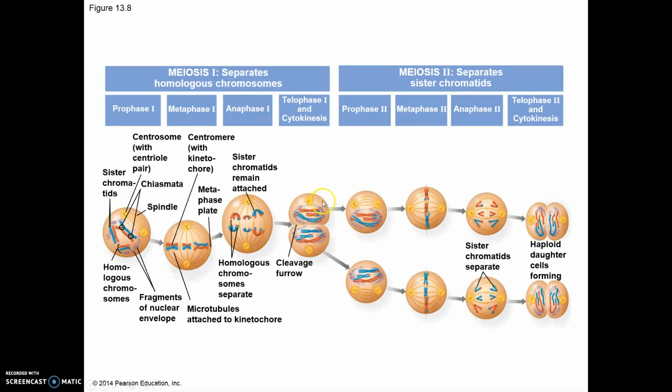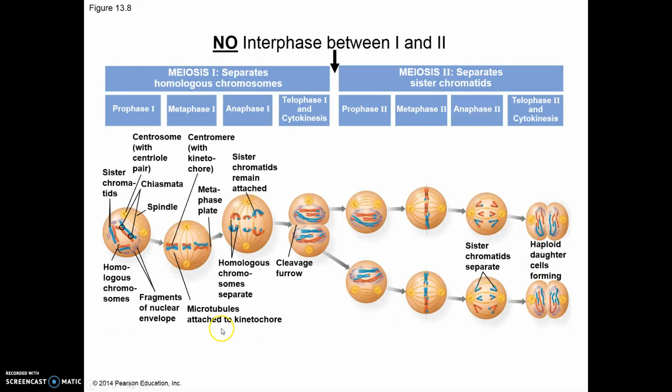We pull those apart. We then go into telophase and cytokinesis, and then without going into another interphase, so no additional DNA replication, we immediately go into prophase 2, metaphase 2, anaphase 2, and then ultimately forming all 4 haploid daughter cells.